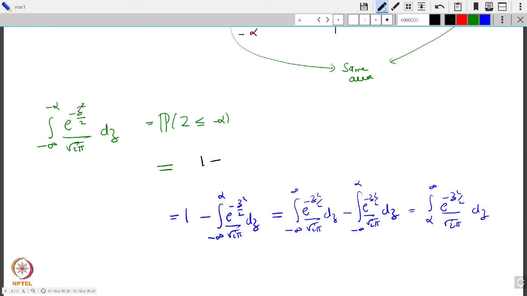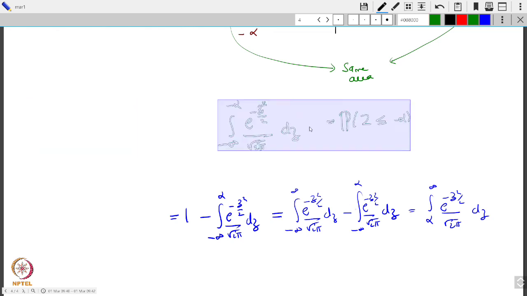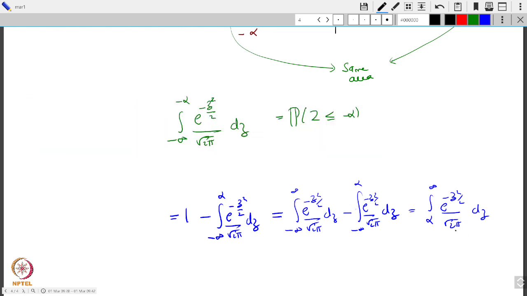This is the first one I have, that is this equation I have for the green. For the blue, I have this, this, and this. And this here is just 1 minus the probability that z is less than or equal to alpha.